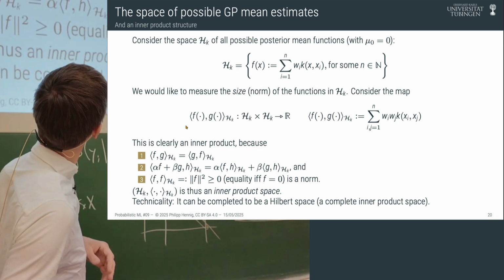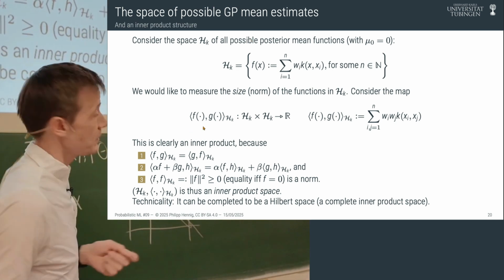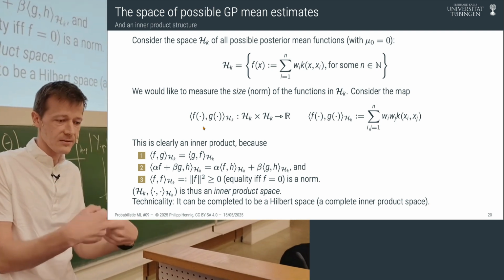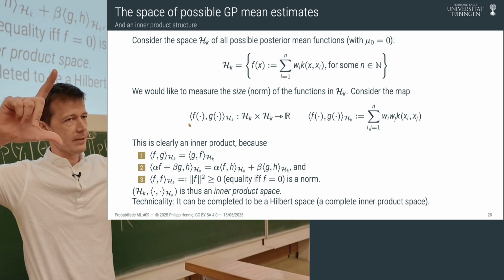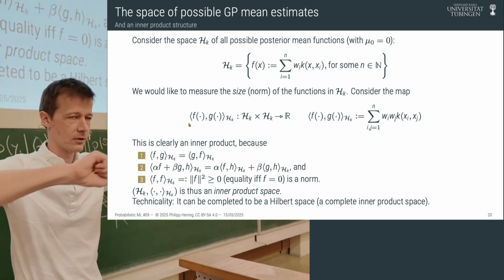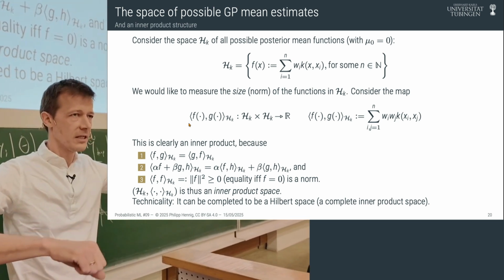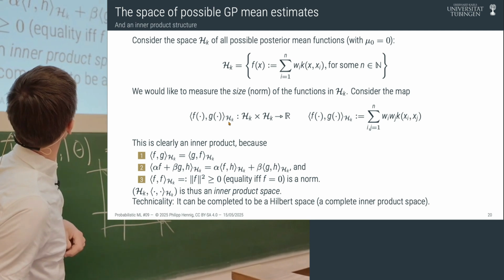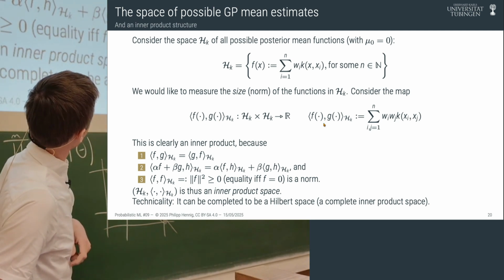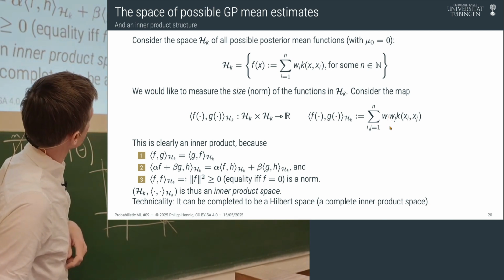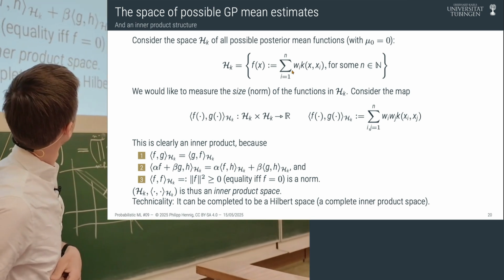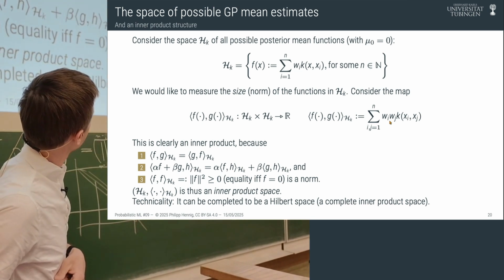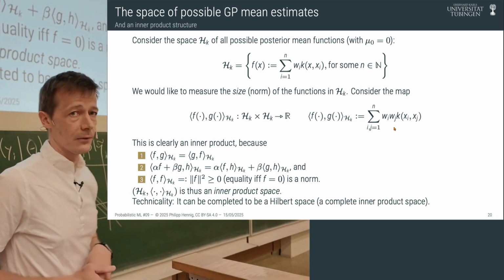I propose that we define an inner product between functions that come from this space, like this. So this notation with the angled brackets is just meant to be an inner product. So this is like your numpy dot inner of two functions. And I define that we're going to use this object for this. So remember that every such function has this form. So I can, in particular, write this down, right?